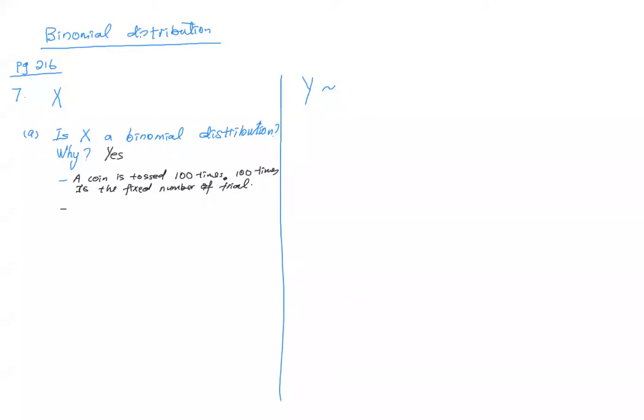What is the next one? You try. You can only either land on heads or tails. Yes. For each trial, there are two possible outcomes.